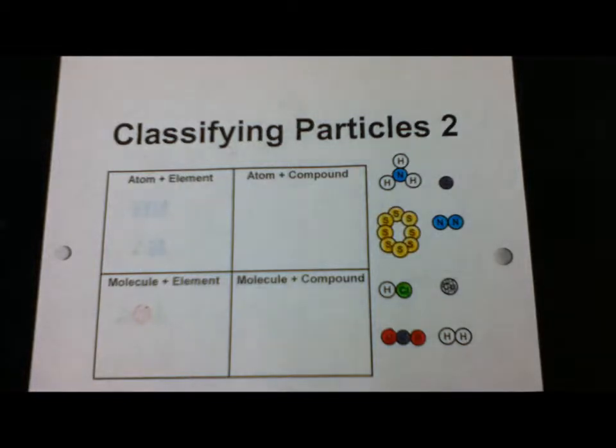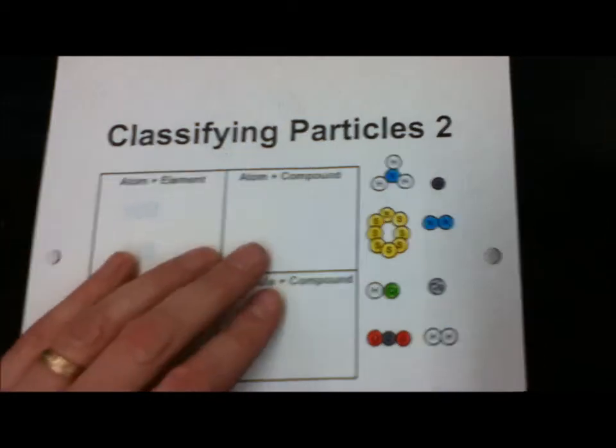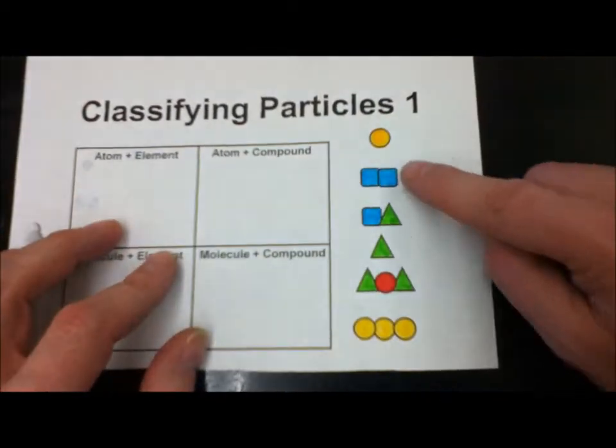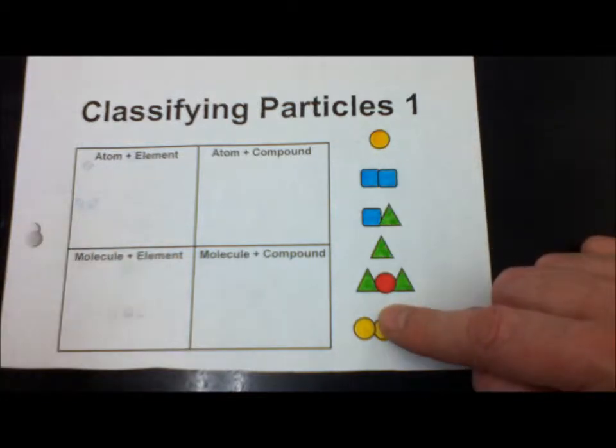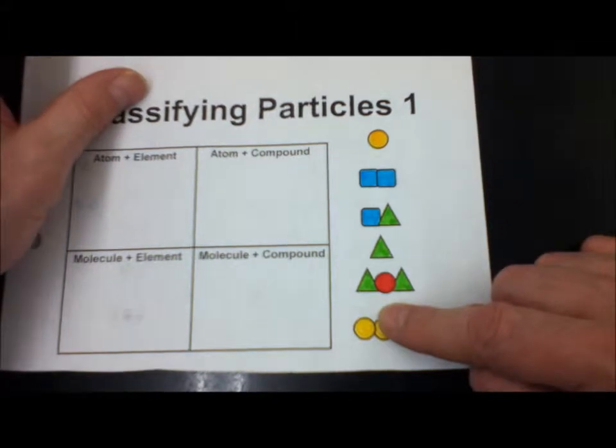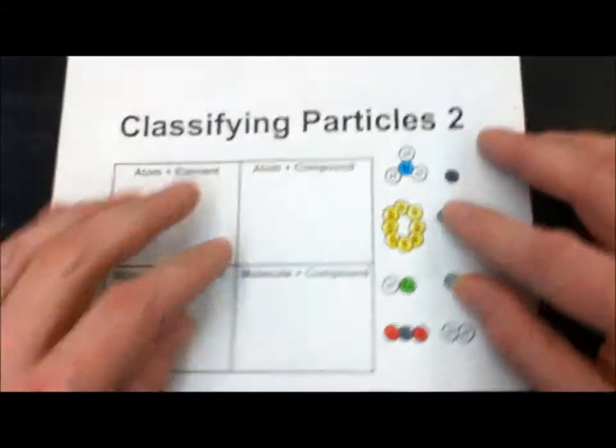Okay, we're back, and what you're going to see here that's different compared to the previous sheet is that here we just use colors and geometric shapes to represent different kinds of particles, different kinds of atoms or elements that are on the periodic table.